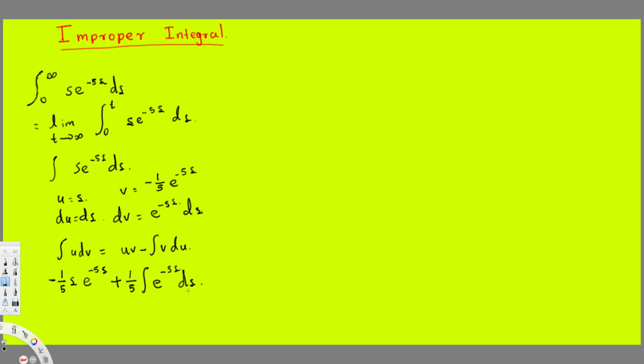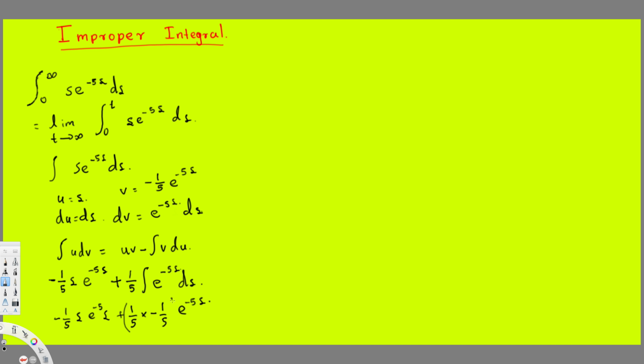Now this one is easy to integrate. So this is going to be minus 1 over 5 s e power minus 5 s plus 1 over 5 times the integral of this one. We already did it right here, it's going to be same as this, again minus 1 over 5 e power minus 5 s.